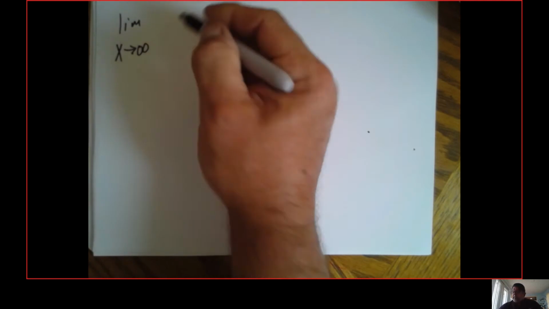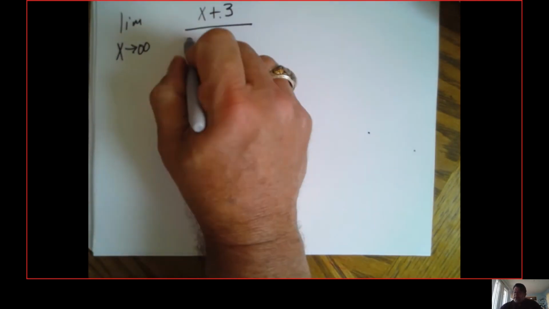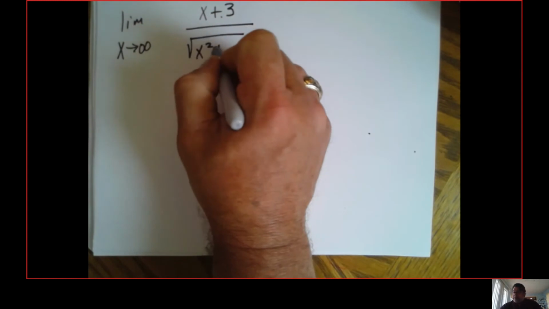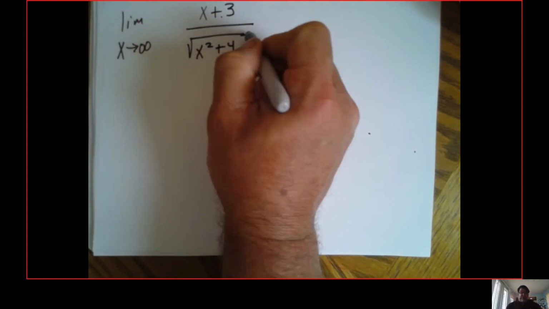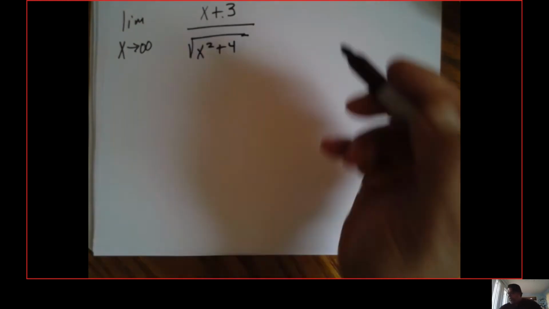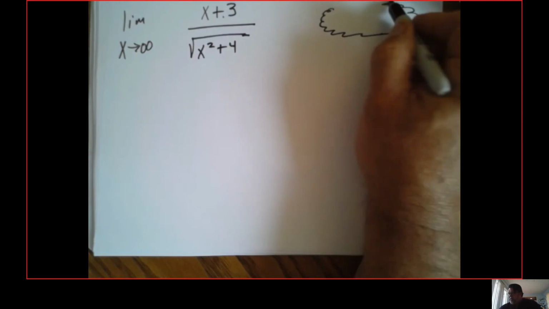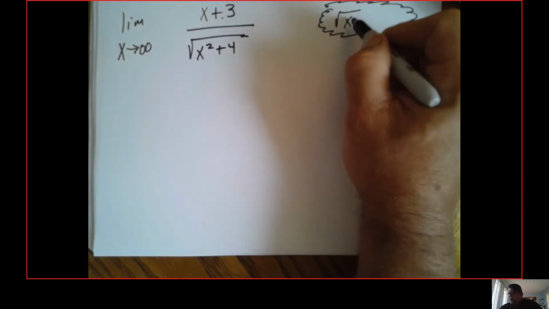Limit as x approaches infinity of x plus 3 over the square root of x squared plus 4. Now, this is a more challenging problem. I'm just going to say, well, I know mentally that the square root of x squared is equal to x.